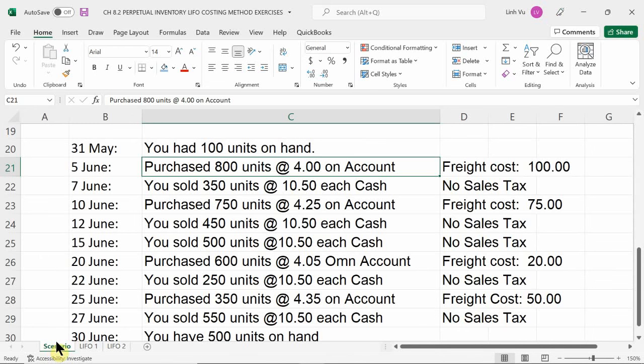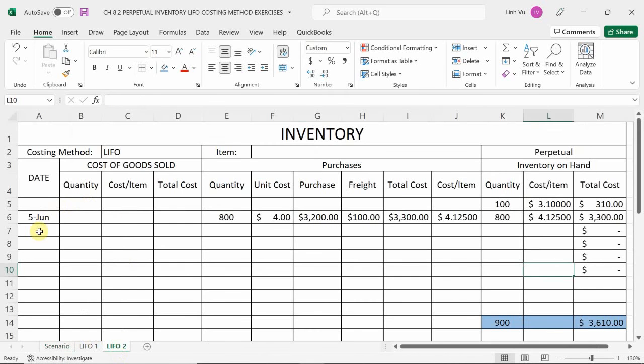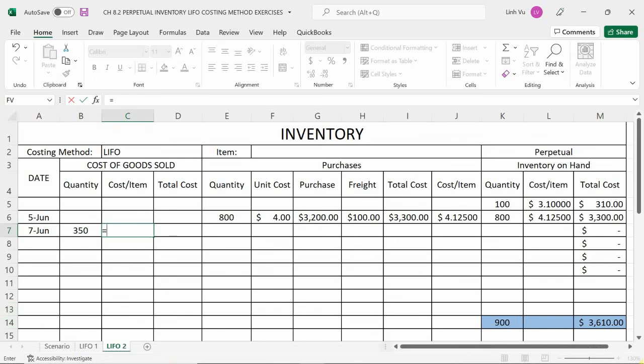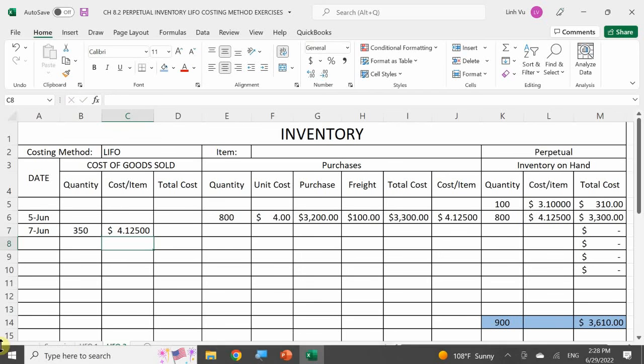Okay. So June 7, you sold 350 units. So in this case, which batch of inventory am I going to be selling out from? The 800. 800 at $4.125.